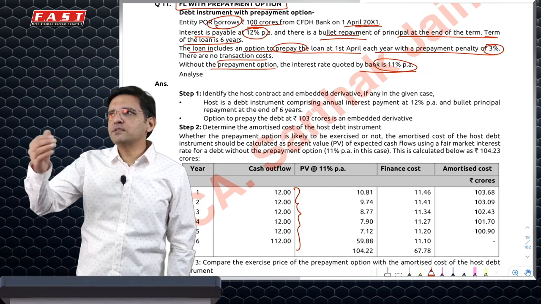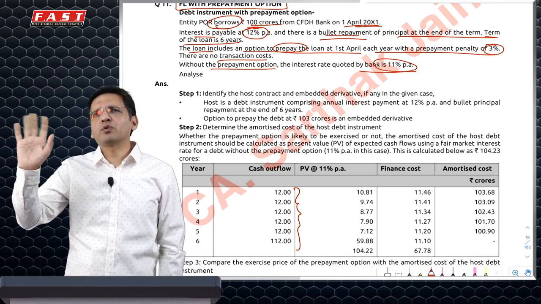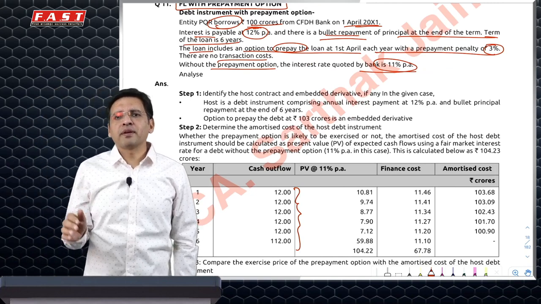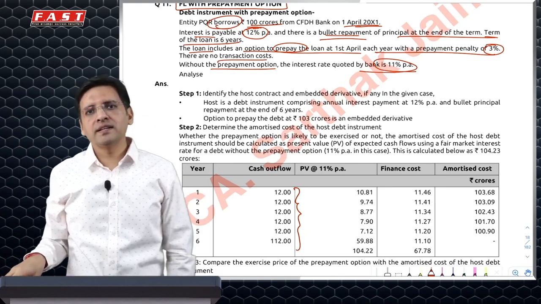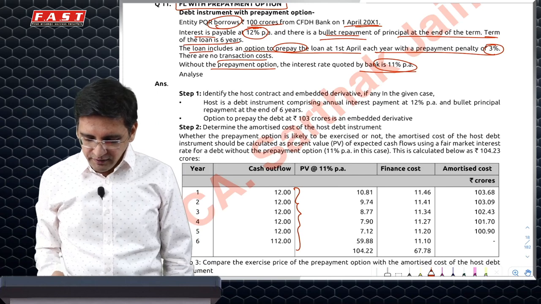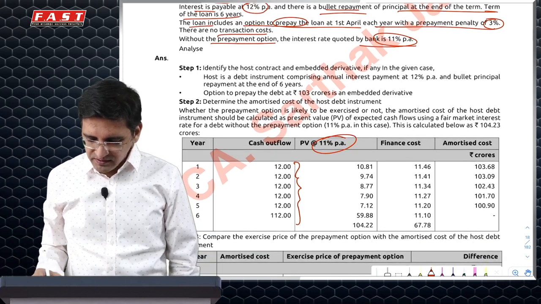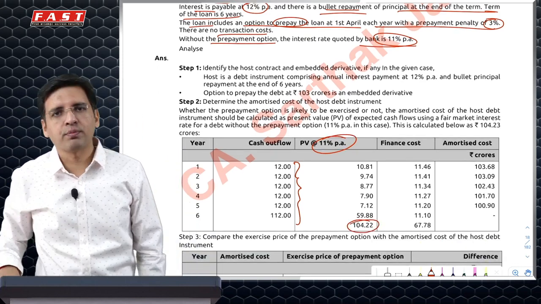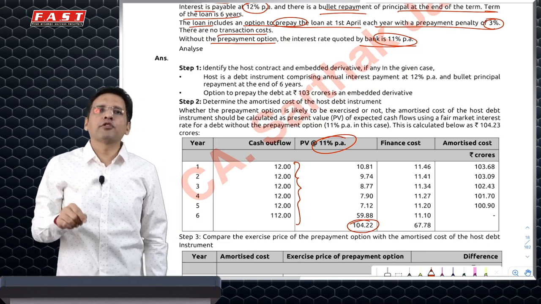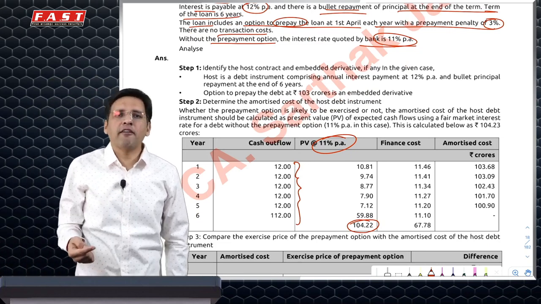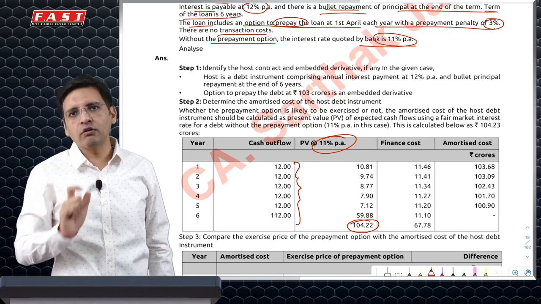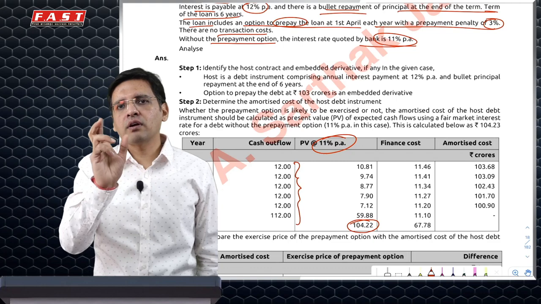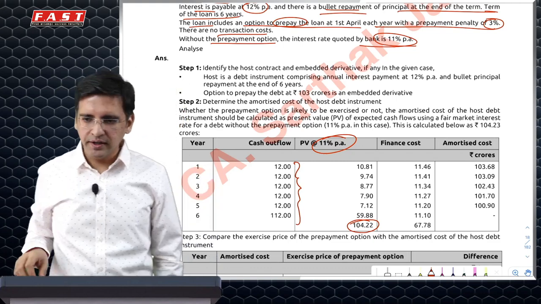If I had said that I don't want a prepayment option, but I am ready to pay 12 each year, the bank would have given me a higher amount at the initial date itself, because the rate of interest then would be 11%. Discounting this at 11%, I would have got 104.22. I've actually got 100. 4.22 is additionally what I have paid just for that premium. So that is the fair value of the option which I've got on the initial date.